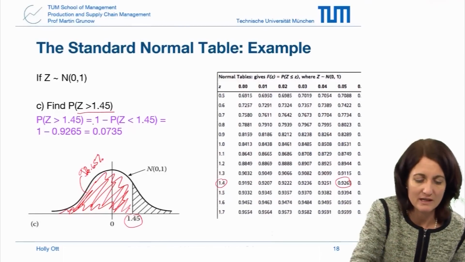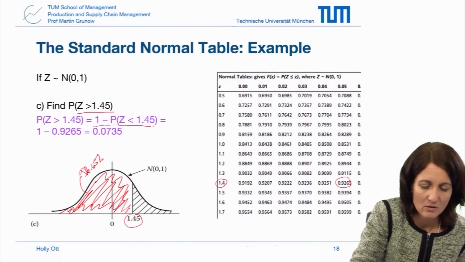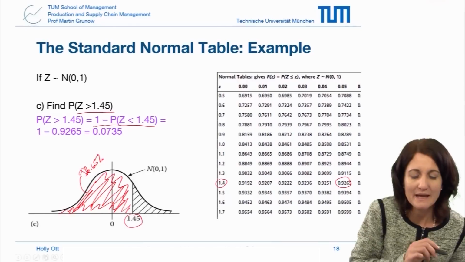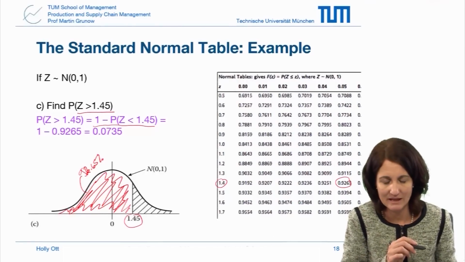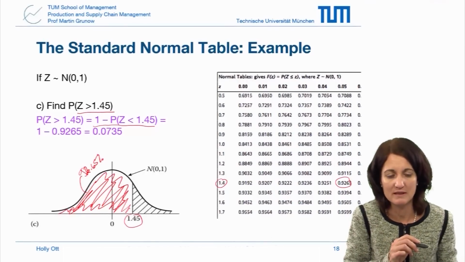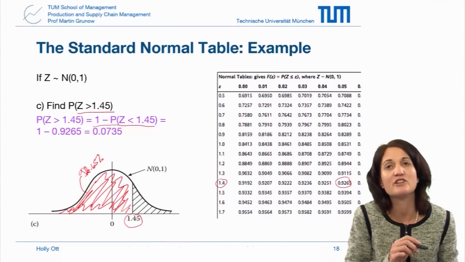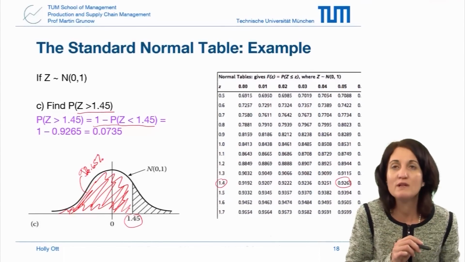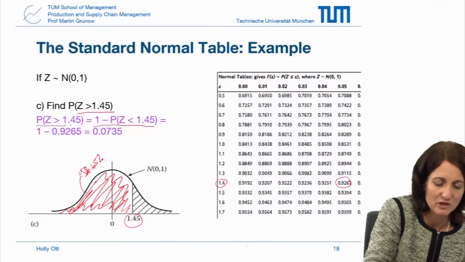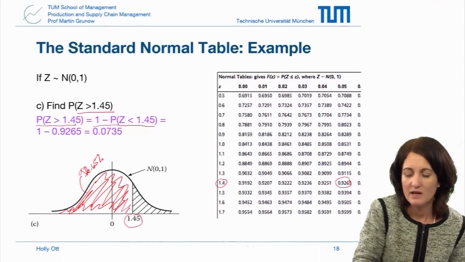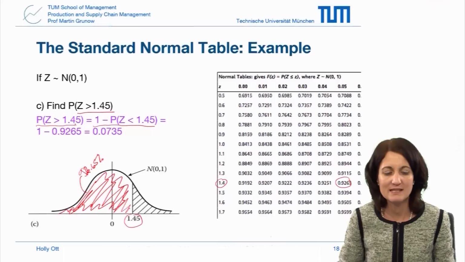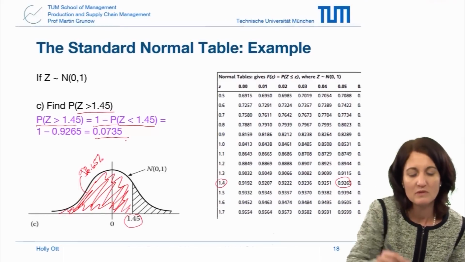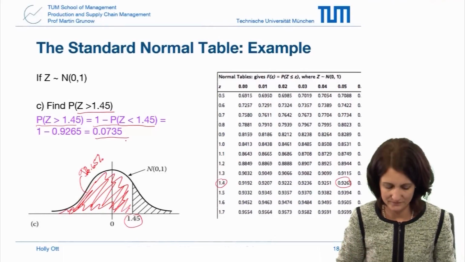So the way we do that is we say 1 minus the CDF function, 1 minus the proportion of the population that's less than 1.45, will give us the proportion that is greater than 1.45. And 1 minus 0.926 is equal to 0.735.